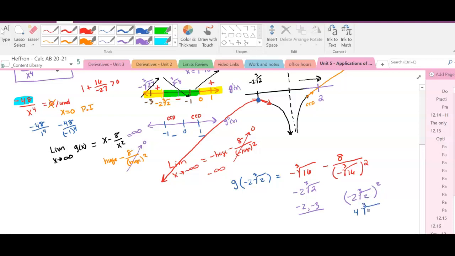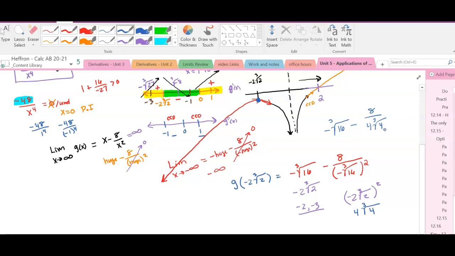So now we're looking at the cube root of 4. So we have negative cube root of 16 minus 8 over 4, the cube root of 4.